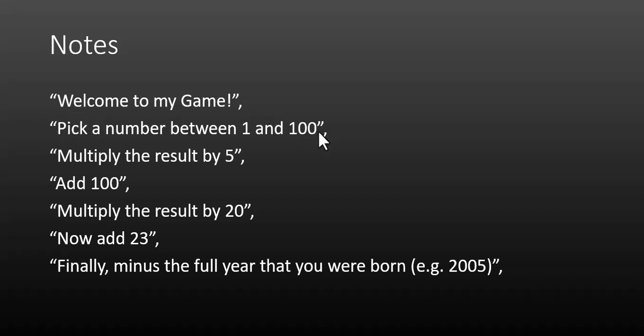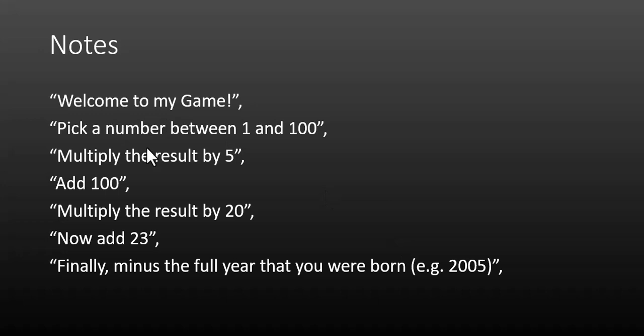Pick a number between 1 and 100. When the person is finished, he presses next. Multiply, and it follows all of this, finally ending by putting the number in the space provided. So maybe I should have added that. We'll add it in our code.